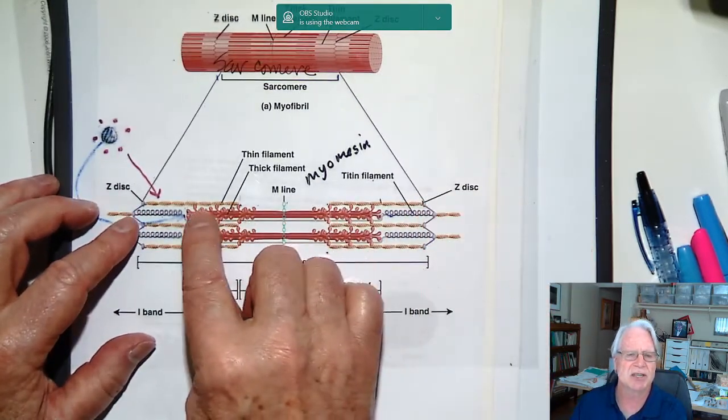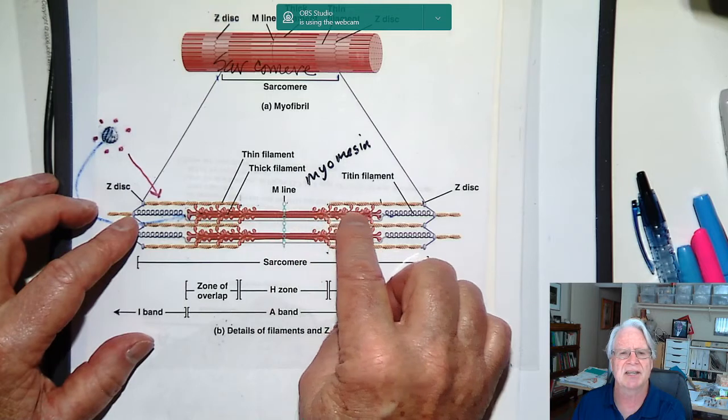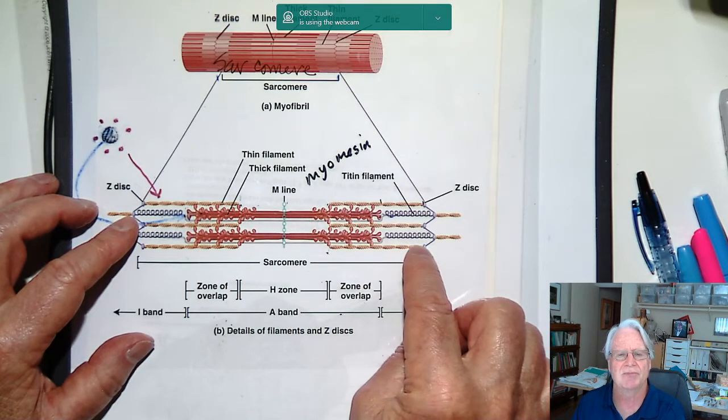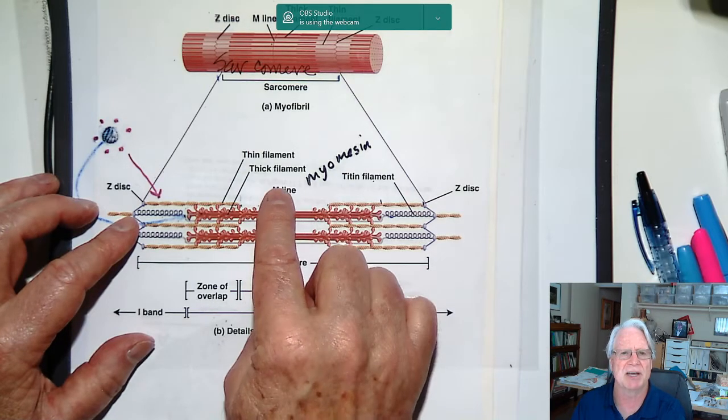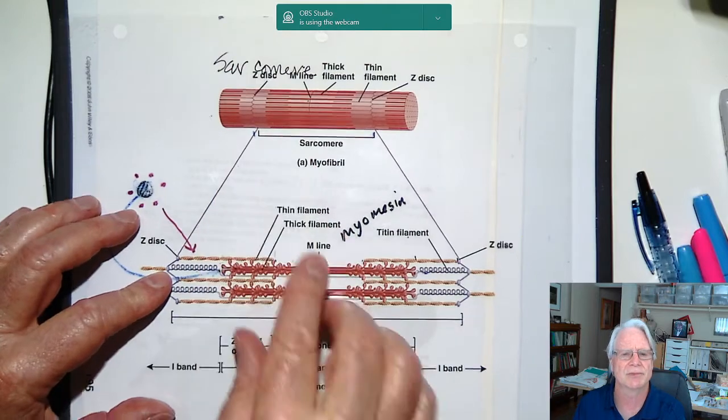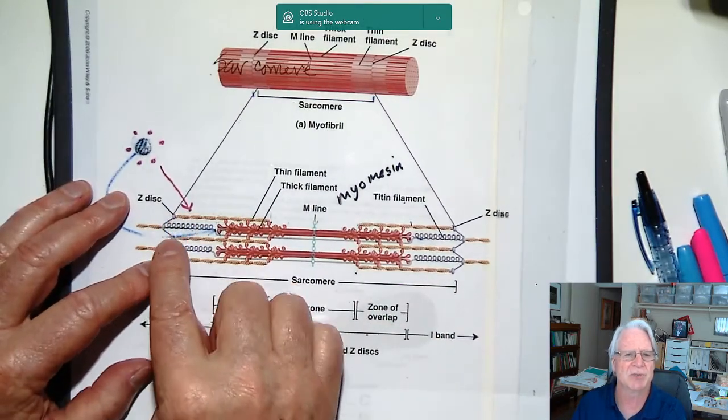So as we look at the details, we can identify the thick filaments and then thin filaments. We've talked about those. The M line, which is right in the center of the sarcomere. Okay. And then at the edges, we have the Z-disc.